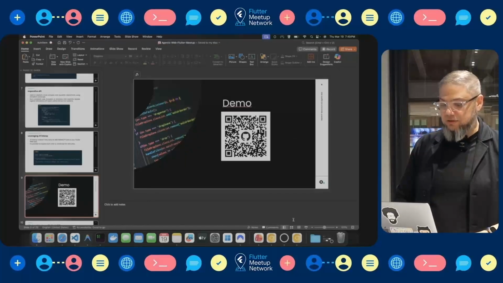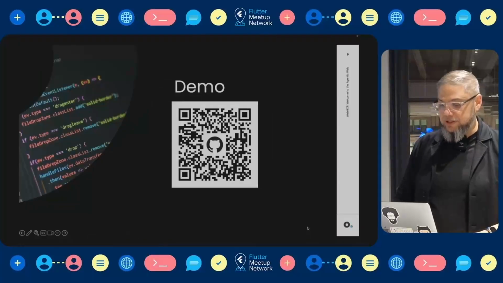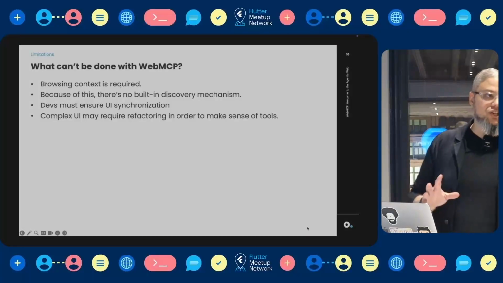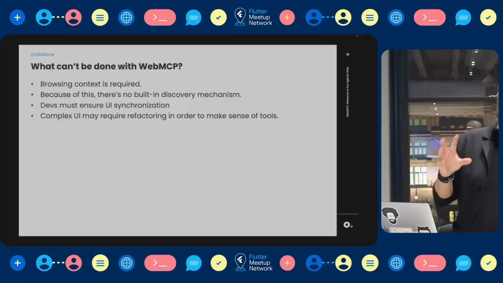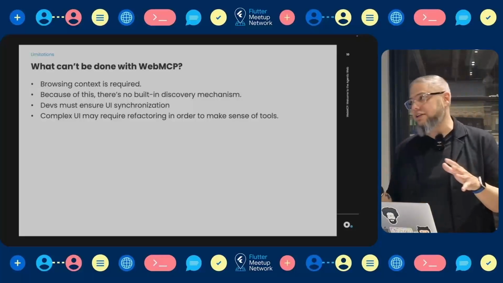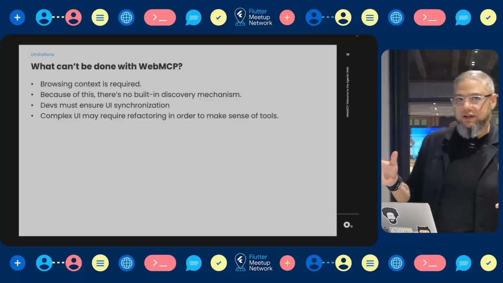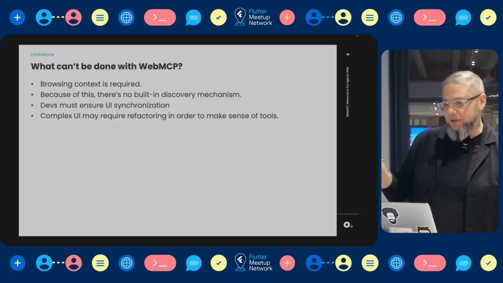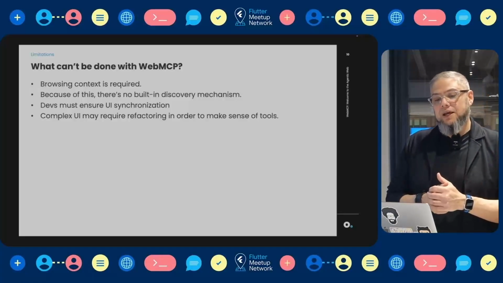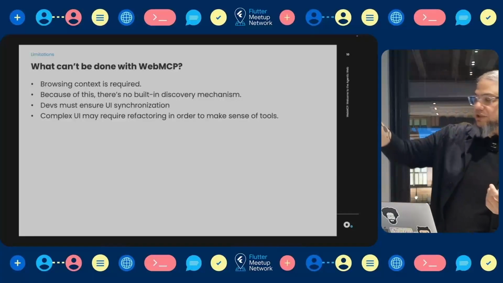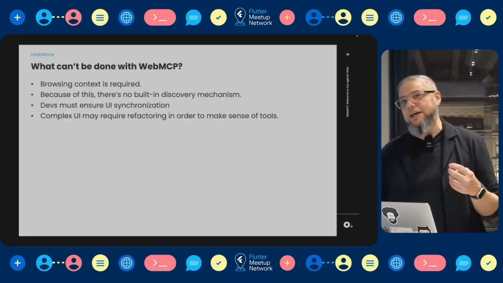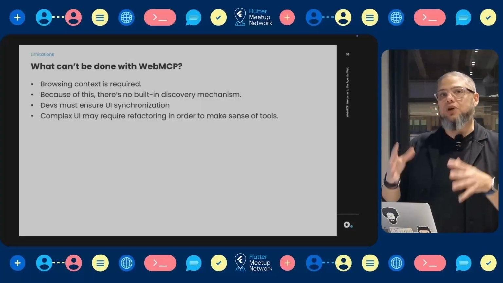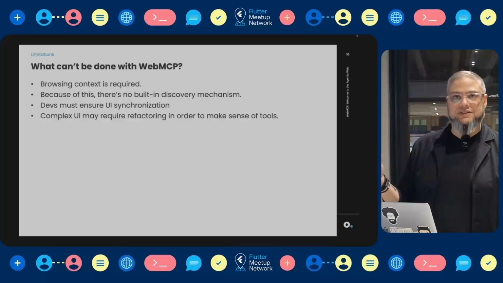Before we wrap up, it's important to talk about the limitations. The first limitation I already mentioned: this is not a thing yet. It will be soon. But a second limitation is the one that I was explaining to Billy earlier: you need a browser context.